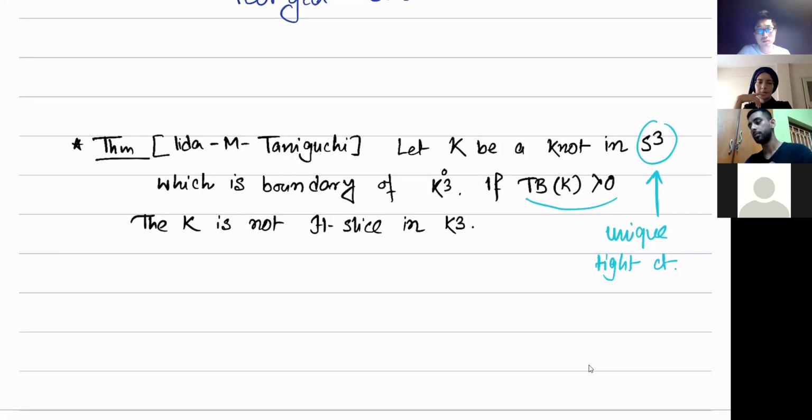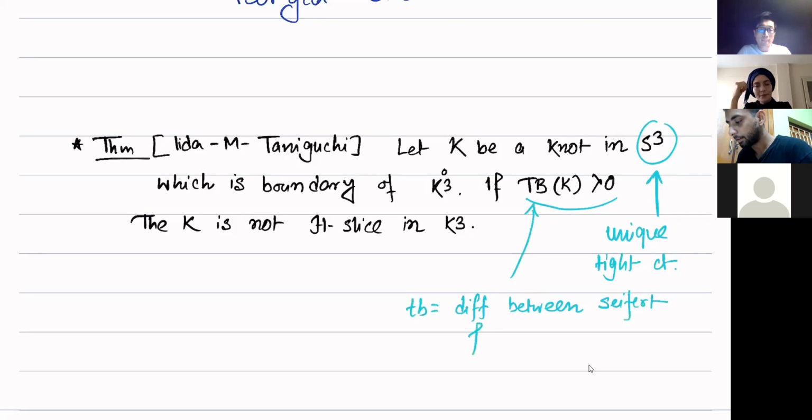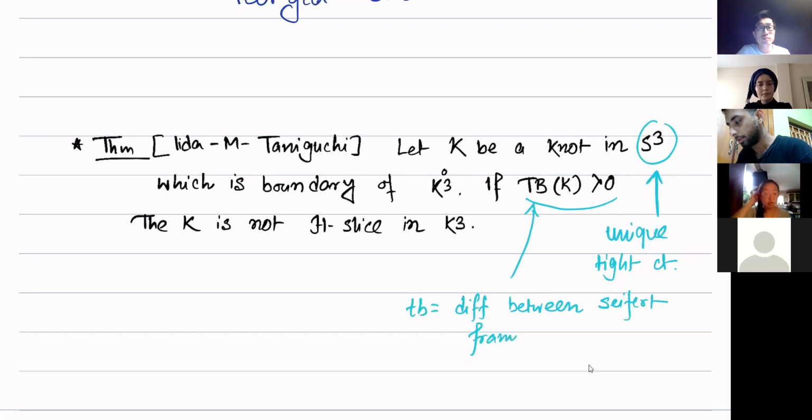This Thurston-Bennequin number is nothing but the difference between the Seifert framing and the contact framing. The contact structure gives a framing on the knot, and the Seifert surface of the knot also gives a framing of the knot. The comparison of these two framings is usually denoted as the Thurston-Bennequin number. So if the Thurston-Bennequin number is bigger than 0, then our claim is that it is not H slice.